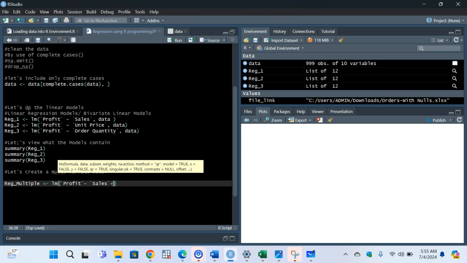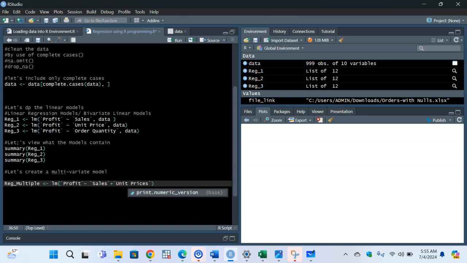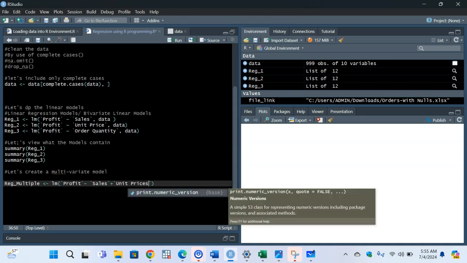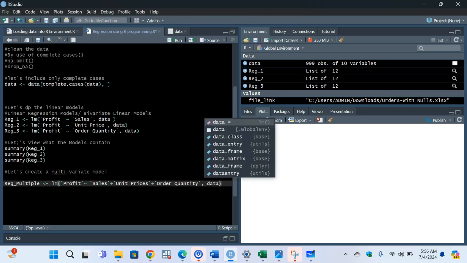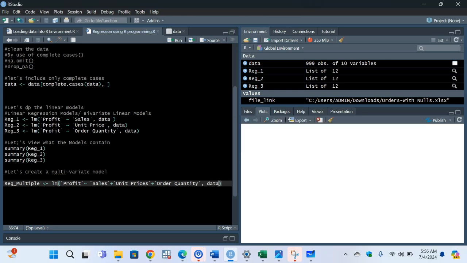We are adding unit prices, then we're also adding order quantity. Of course we need to tell it we are picking from our data. So we've called this the multiple regression model. If we run that, what do we get?